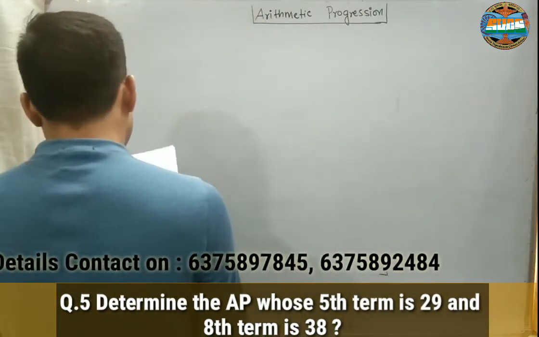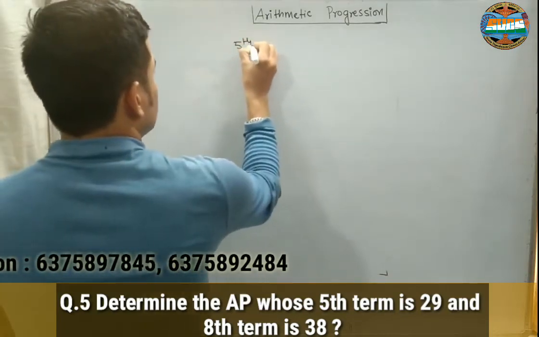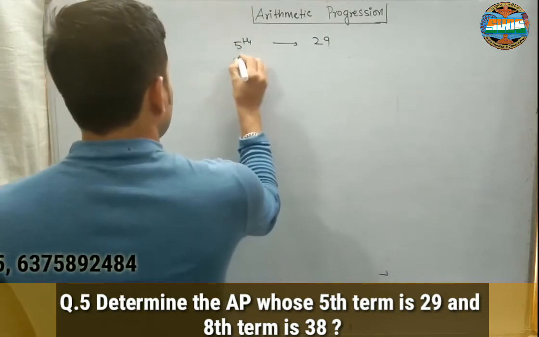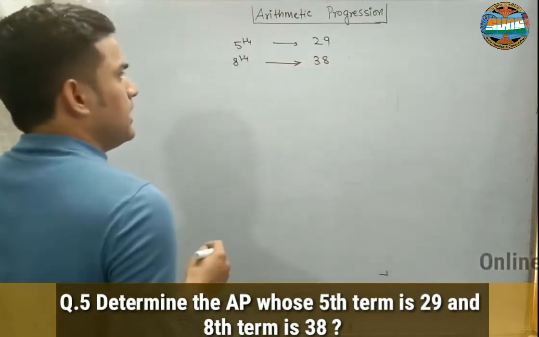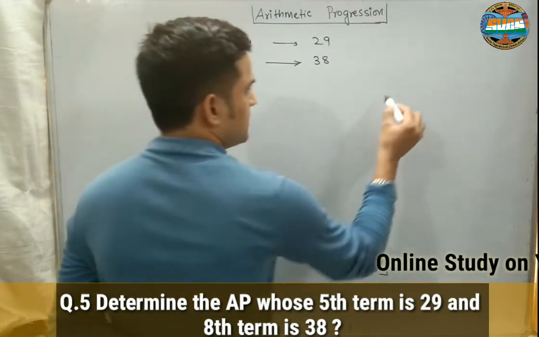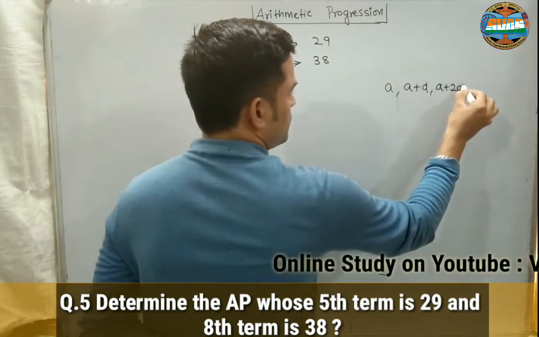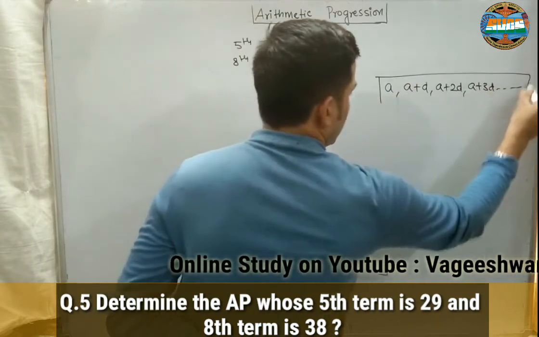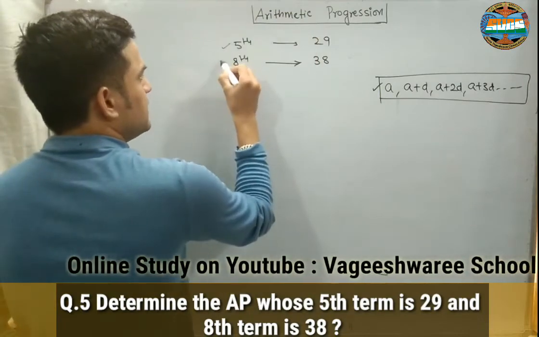The series of an AP is A, A plus D, A plus 2D, A plus 3D, and so on. So we require A and D, and we find them using this.